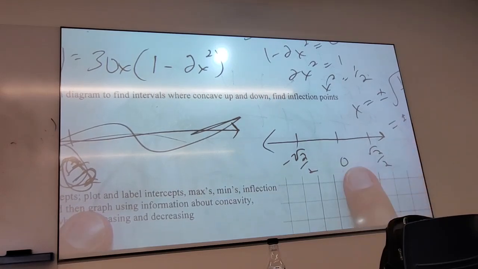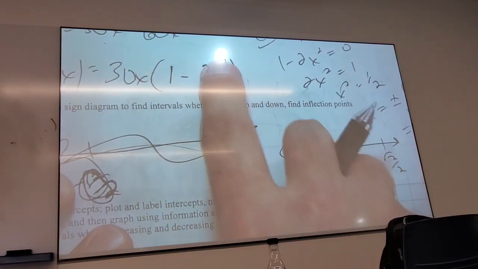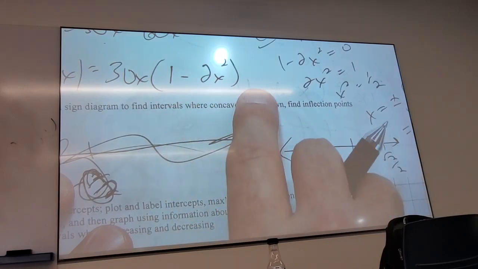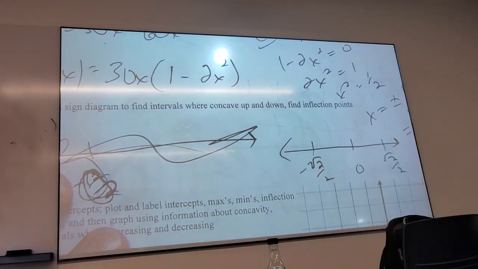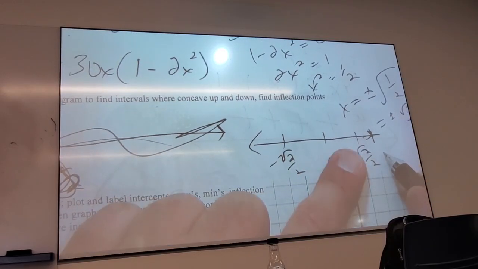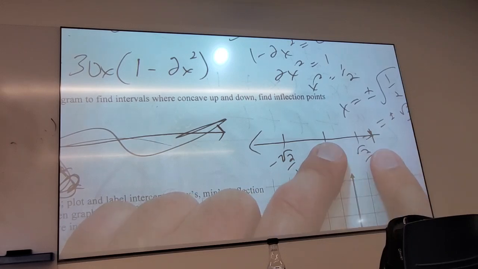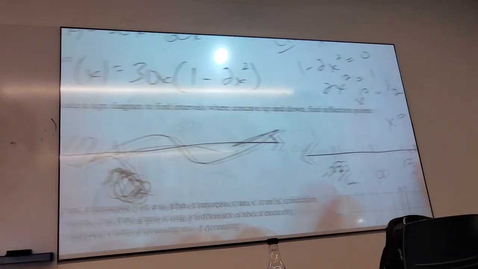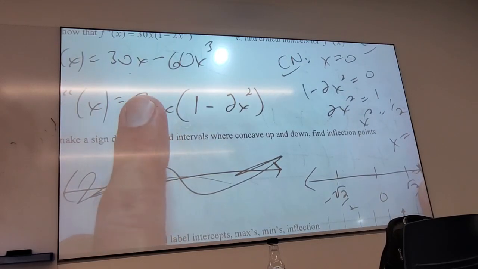So for my multiplicity people, when I break this apart, it would be two first degree things, so everybody's got a multiplicity of 1, so it changes sign every time. That makes it so quick. If I plug in, what's bigger than rad 2 over 2? Let's say 10. Is 10 bigger than rad 2 divided by 2? Yes. So when I plug a 10 in, what do I get?